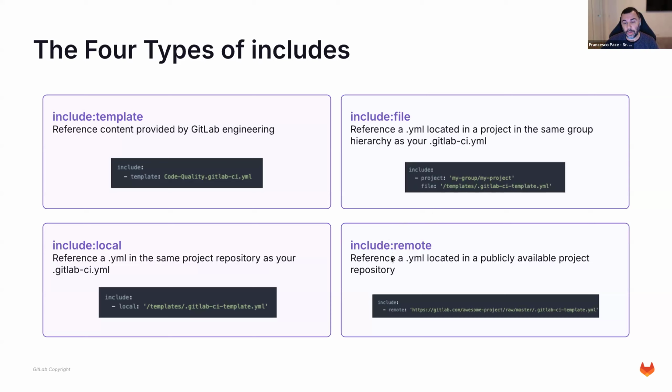And then you can also include a YAML file located in another repository, even in another GitLab instance, but it should be publicly available, of course, using the keyword remote. So you can include a local template, a shared template in another project, or a remote template.